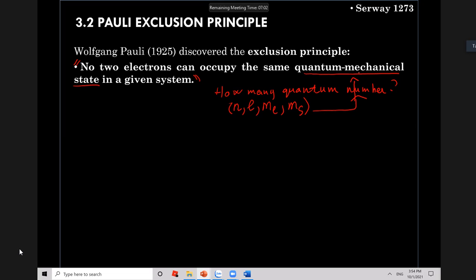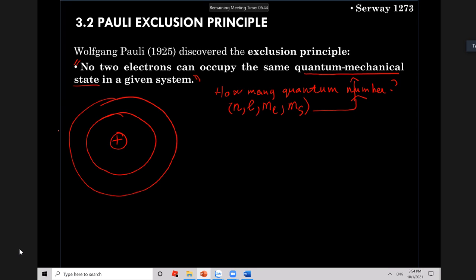So now the content of the Pauli principle or exclusion principle is that no two electrons can occupy the same quantum mechanical state in a given system. In one atom, for example, I have the first electron, and there is another electron, and many electrons around, n electrons.